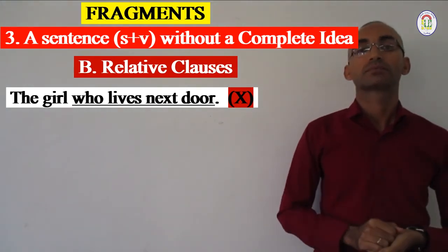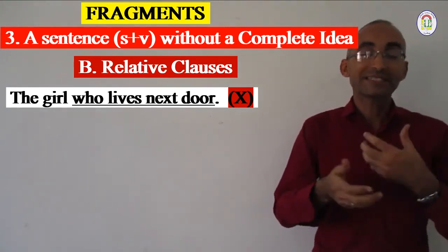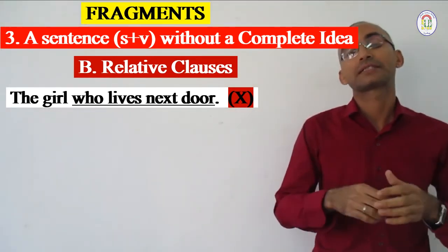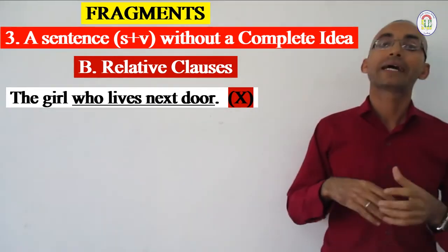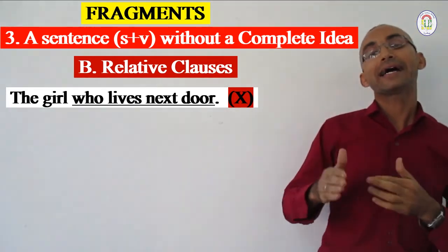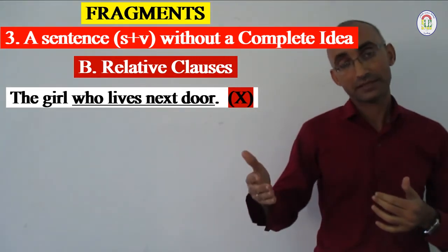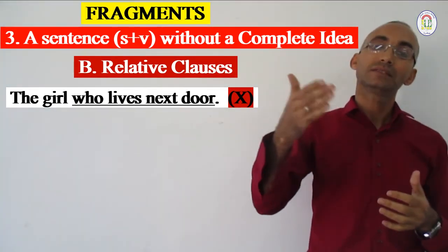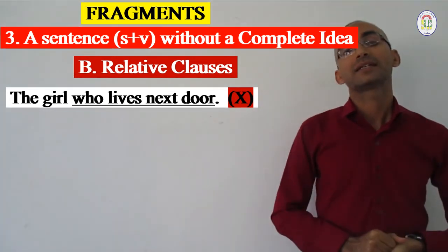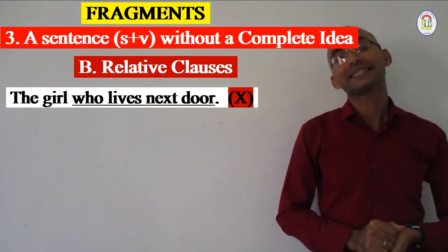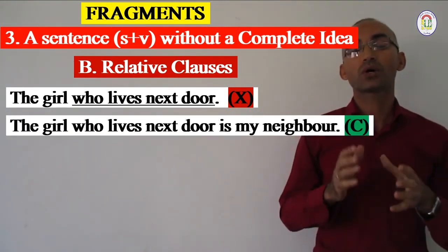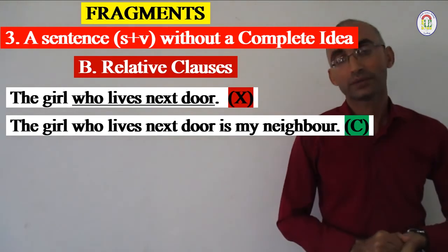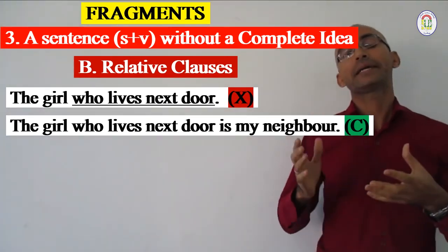Here also something is missing. It's a fragment, incomplete in meaning. So here I must add more words to complete this fragment and make it a complete sentence. For example, "The girl who lives next door is my neighbor."